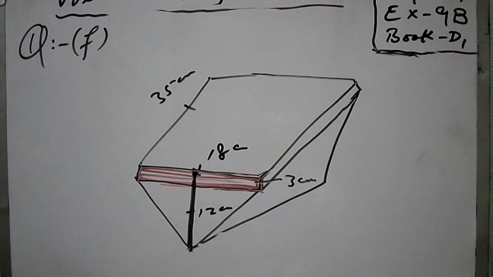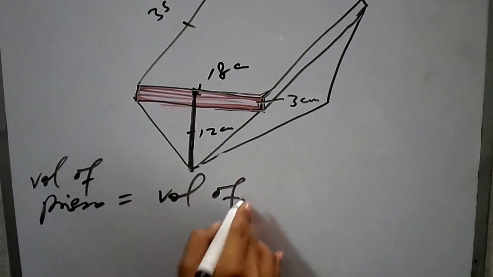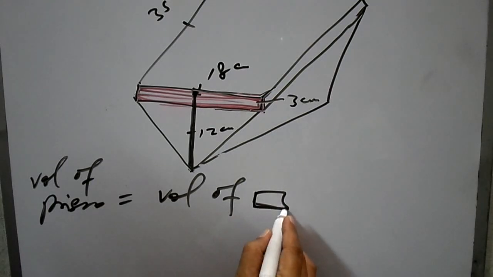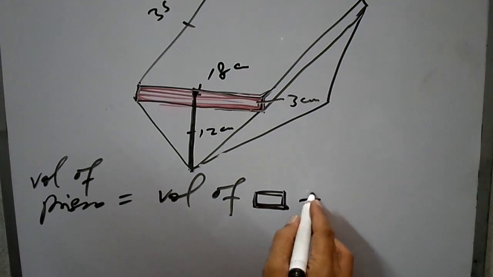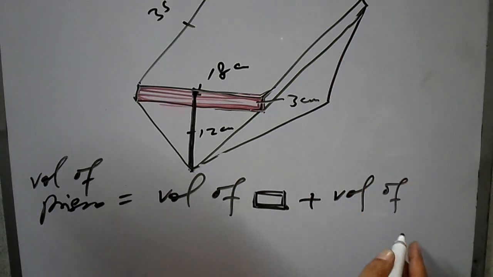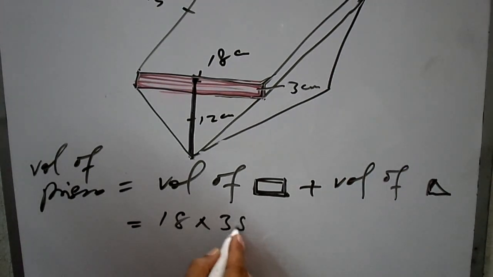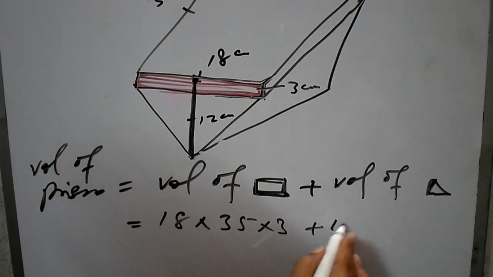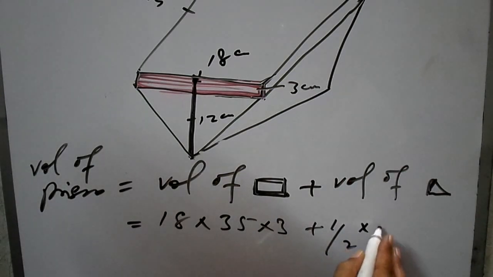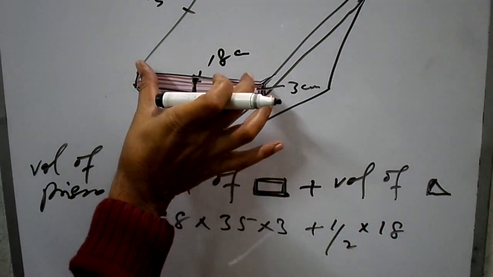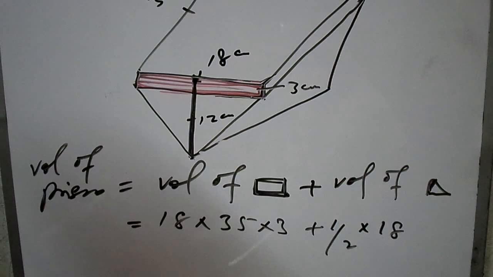So now you can say that volume of prism is equal to volume of rectangle, this is the shape of rectangle, plus volume of triangle. So we can find this: volume of a rectangle, length into width into height, plus half base into altitude. Base is your 18, that is your base, because you consider this triangle.